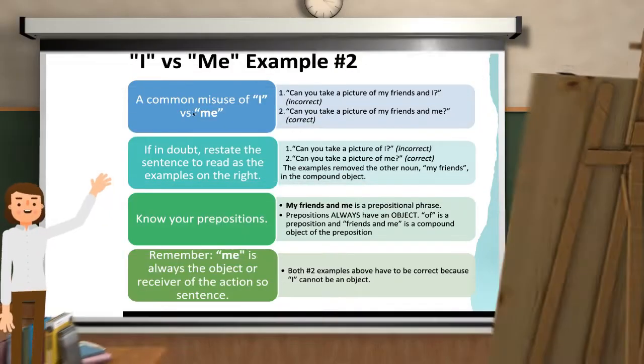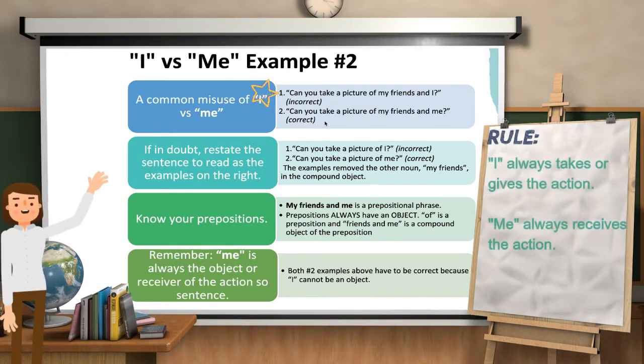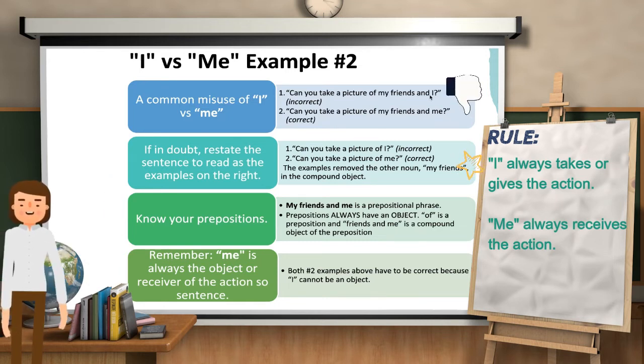A common use of I versus me is, can you take a picture of my friends and I? I hear this all the time, not only with students, but teachers who should know better. So again, you've got to remember that I always gives the action. And in this case, I is receiving the action of having the picture taken.